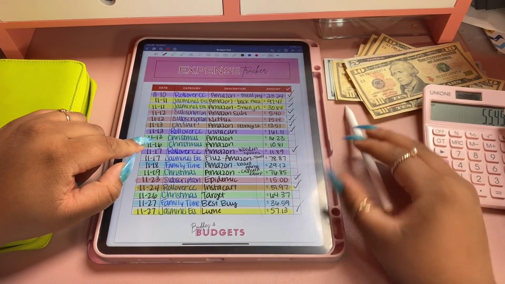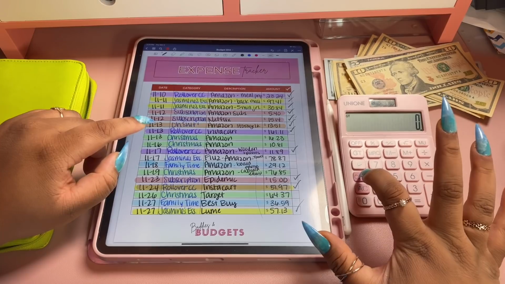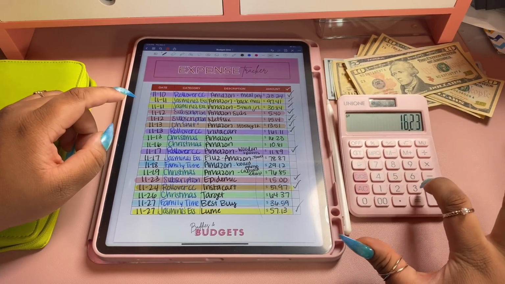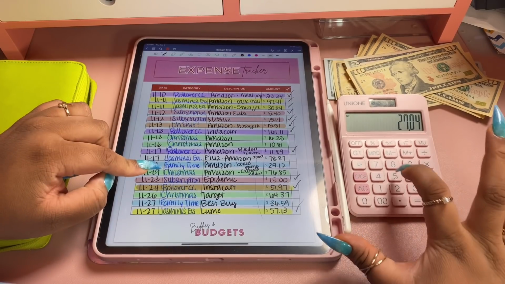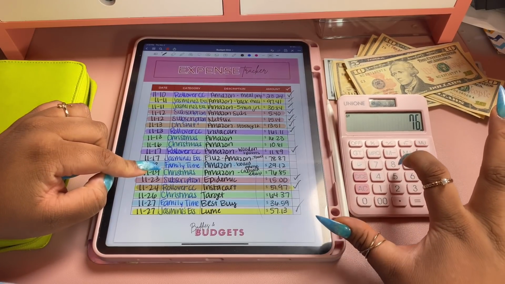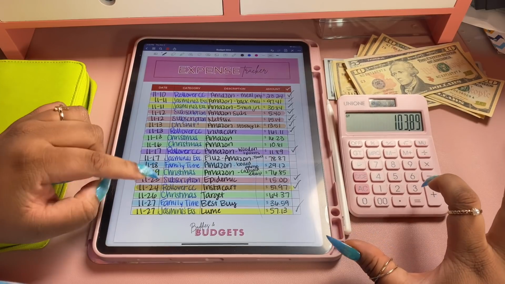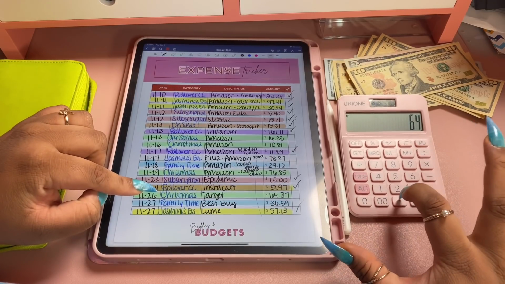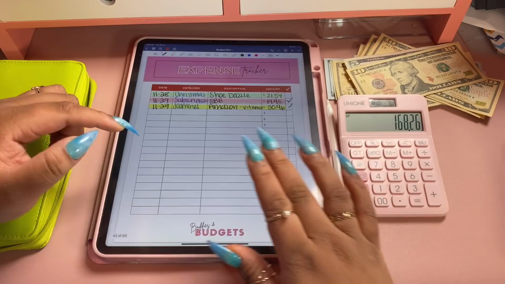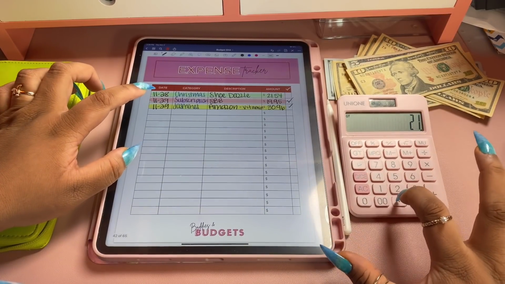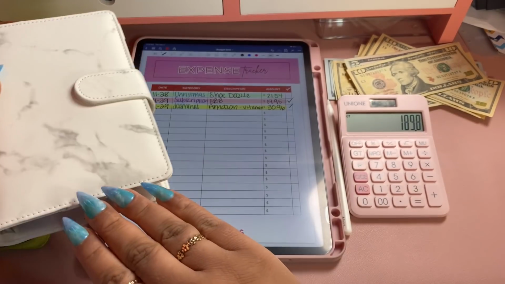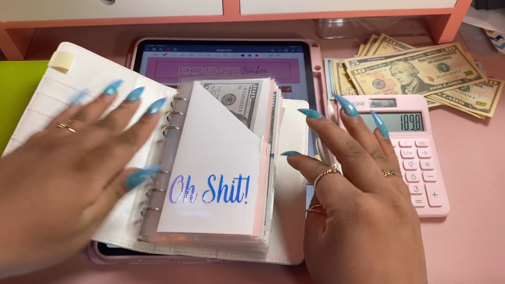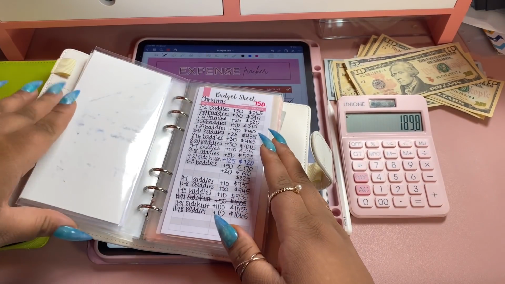From our Christmas fund, we did a little bit of Christmas shopping. So 16, 23, 1081, 76, 85, 64, 37, and 21.54. So $189.80 from Christmas.